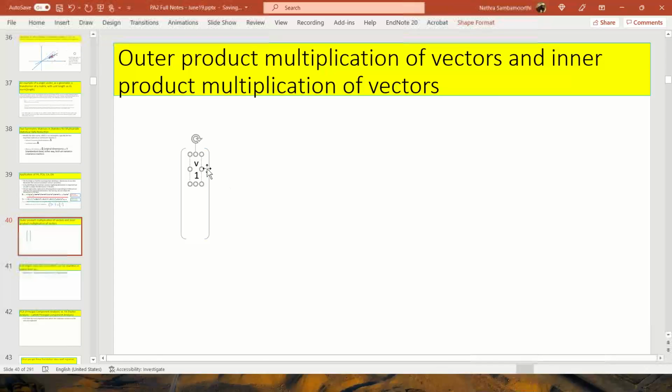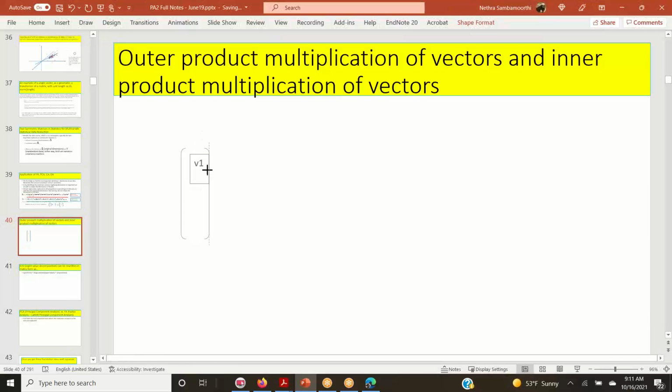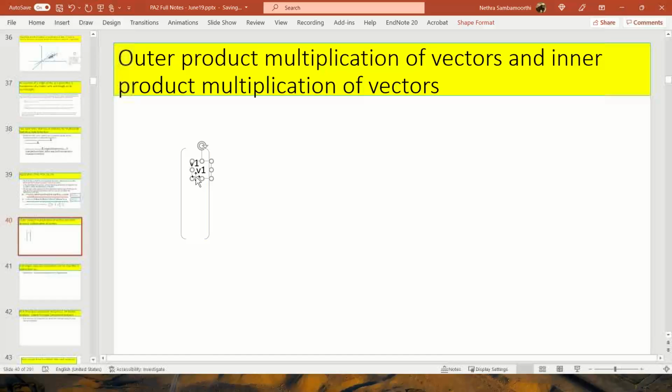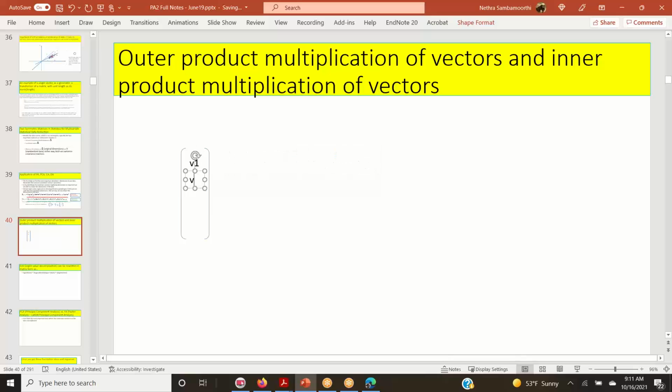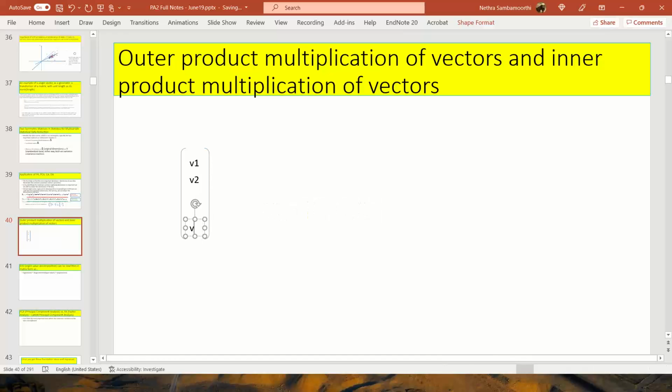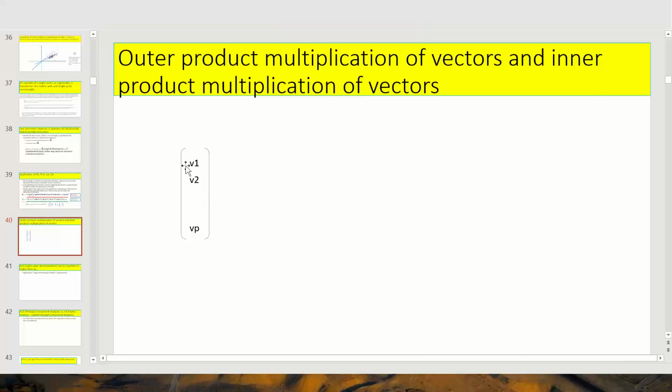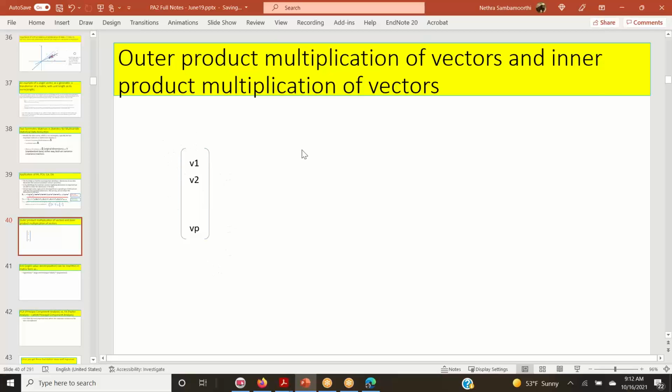This is just a value 1. That's what this means. Value 1, value 2, and so on. And then comes dot, dot, dot. Let's say value P. So this is a vector. The usual representation of a vector is like that.